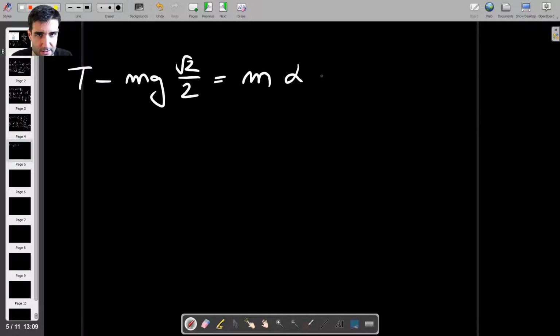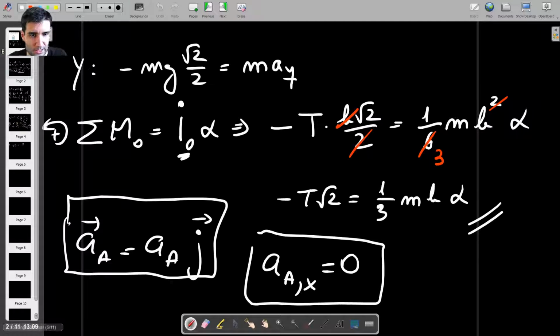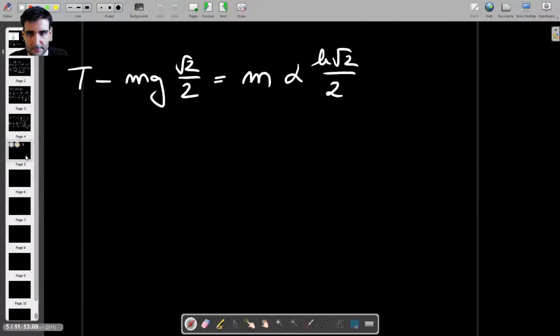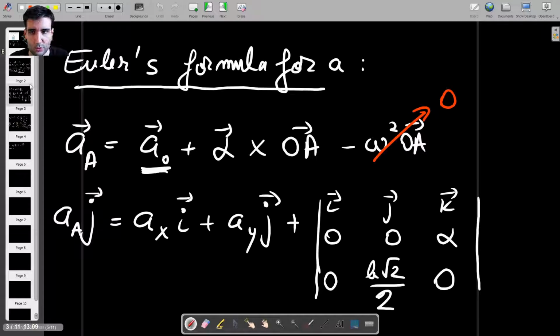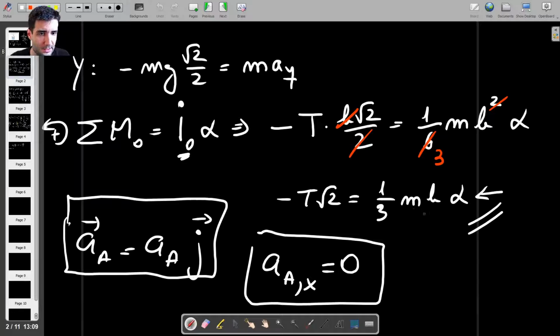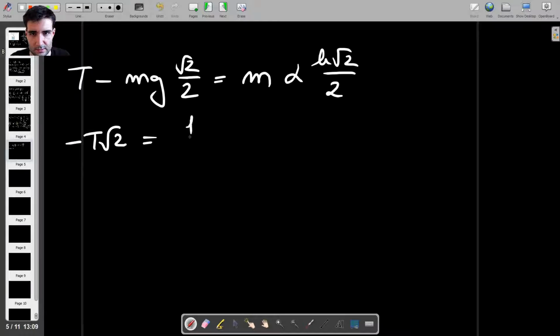So it's alpha, and then we have b root 2 over 2. And the other thing we have is this, which is minus t times root 2 equals 1/3 mb alpha. So 1/3 mb and alpha.